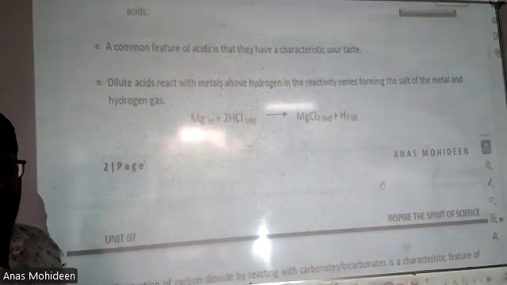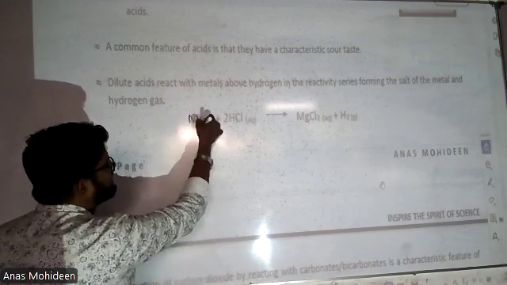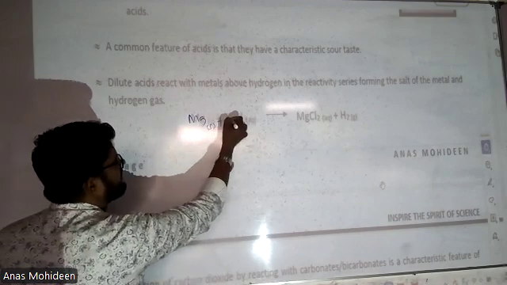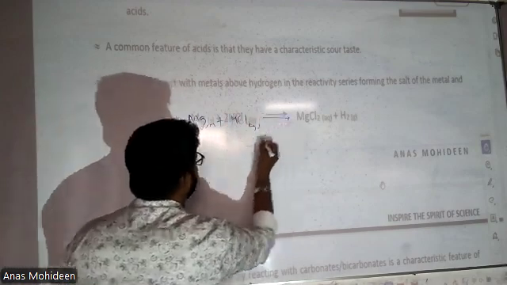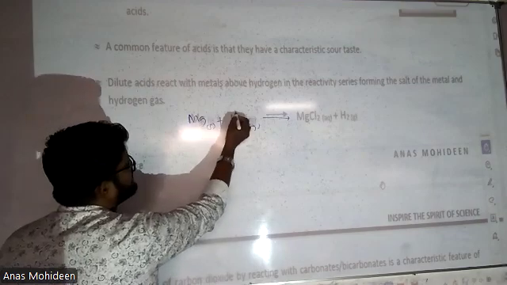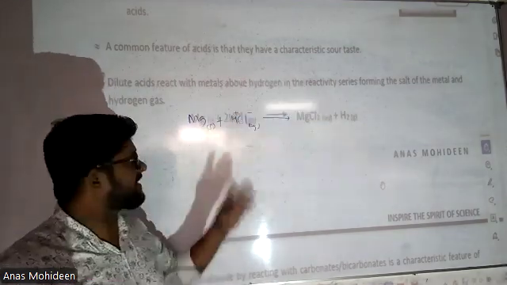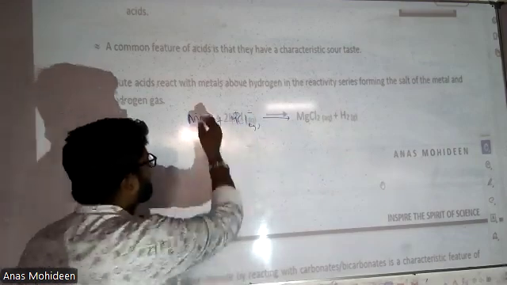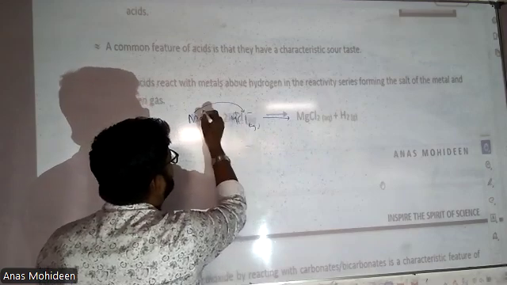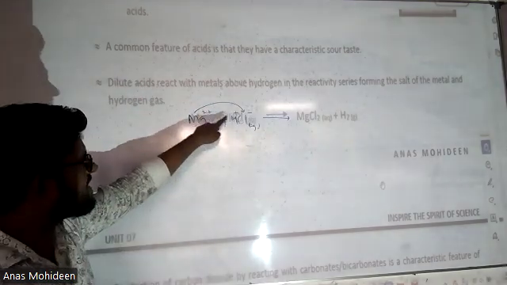That means, for example, magnesium. Magnesium is an element. When added with HCl acid, you see what happens? This is plus, this is minus. H plus should go out, right? Then magnesium has to combine with Cl, because magnesium is 2 plus, a plus ion, and Cl is a minus ion.